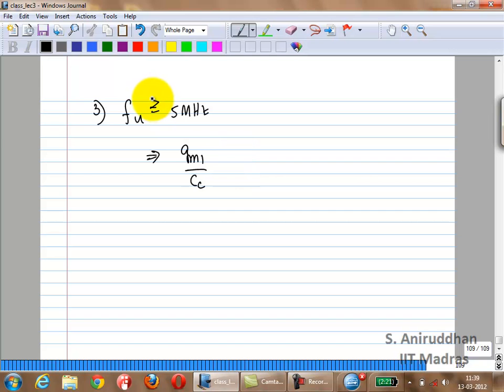So again, we always deal with inequalities. Remember that GM1 by CC is omega u, not FU. The unity gain frequency is given in megahertz.